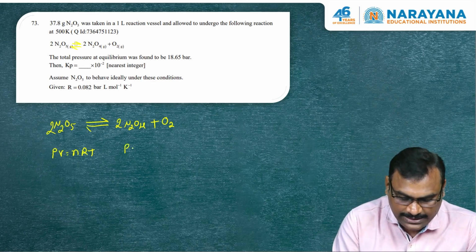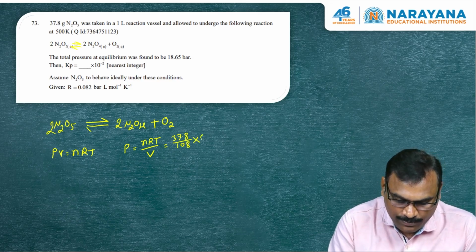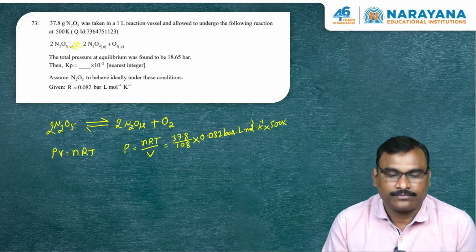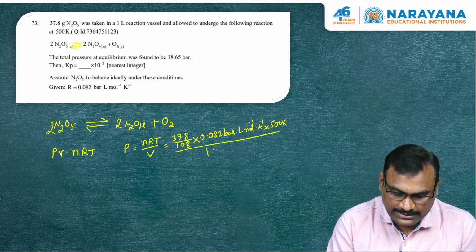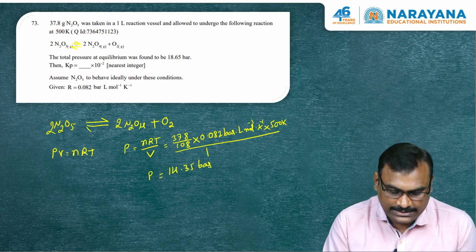That means initial pressure equals nRT by V. Number of moles is given by 37.8 by 108, into R, 0.082 bar liter per mole per Kelvin, into temperature 500 Kelvin, with a 1 liter vessel. So pressure is equal to 14.35 bar. This is the initial pressure.